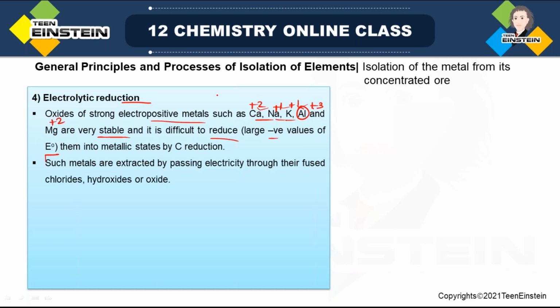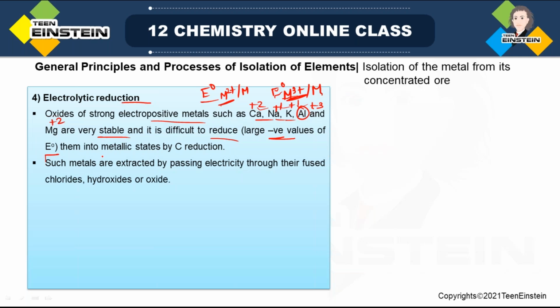That means if you take the system, suppose E0 of M2+/M or E0 of M3+/M, depending on different types of metals, then this value is highly negative. It means the reducing capacity of these metals is very high. So when it is a large negative value, it will always try to remain in the oxidized form, which is M2+, M+ or M3+.